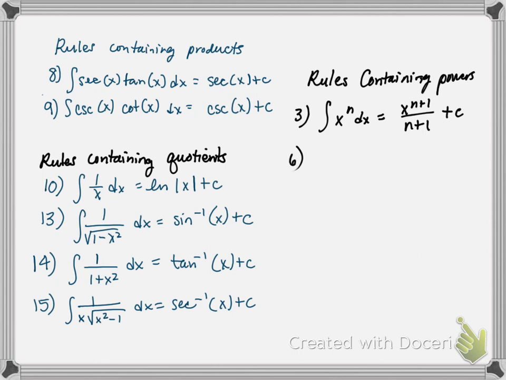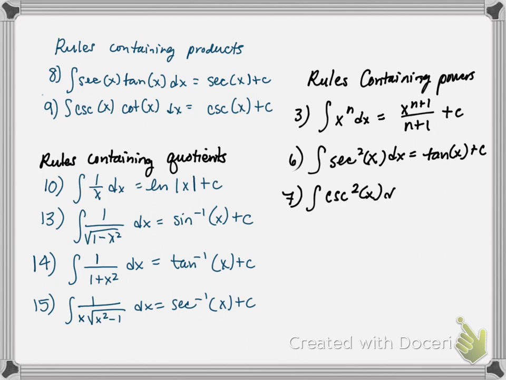Rule 6 states that we have the integration of secant squared x dx. And that's going to give me tangent x plus c. And rule number 7, the integration of cosecant squared x dx. What does that equal? That equals cotangent x plus c.